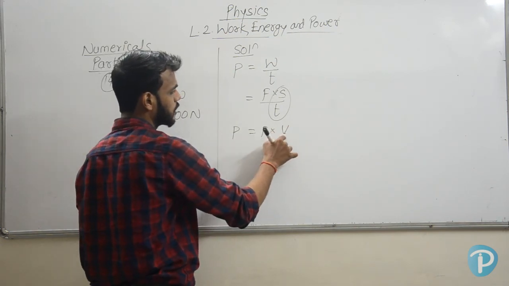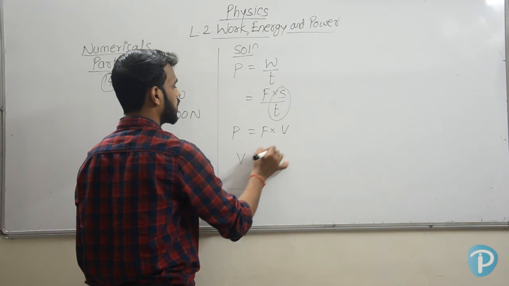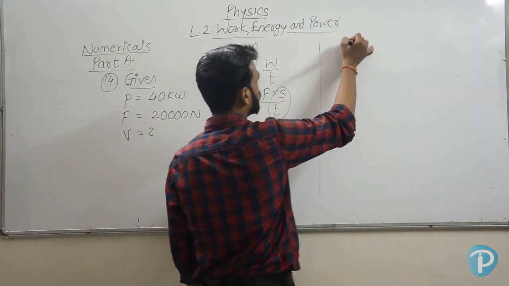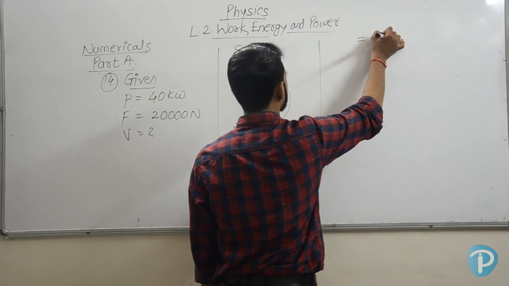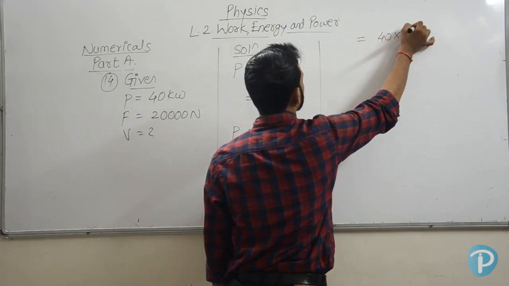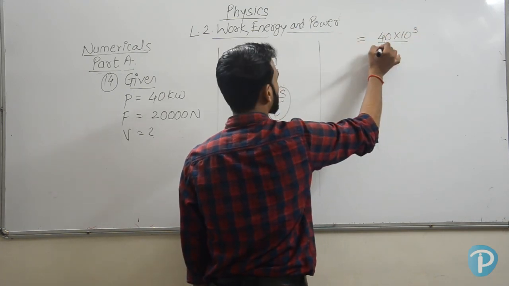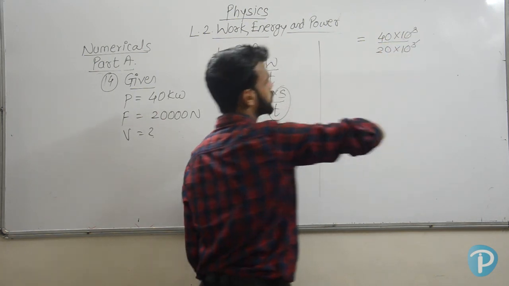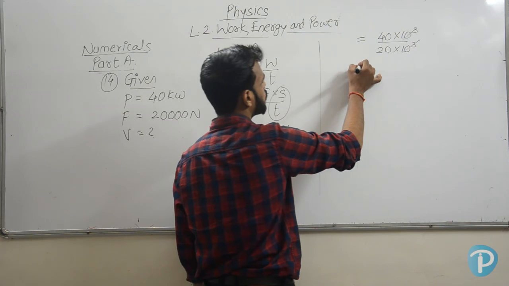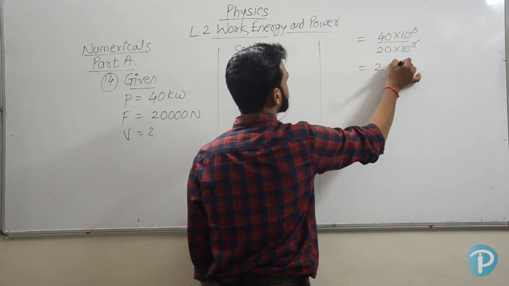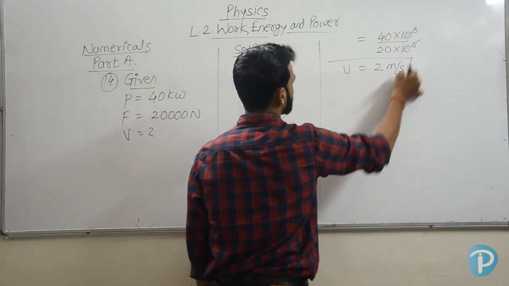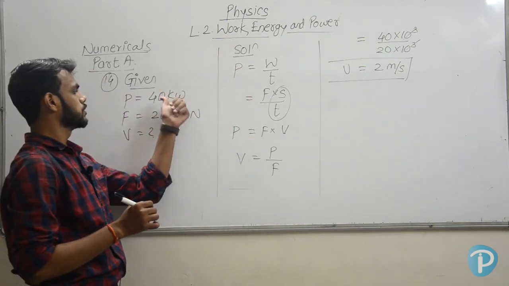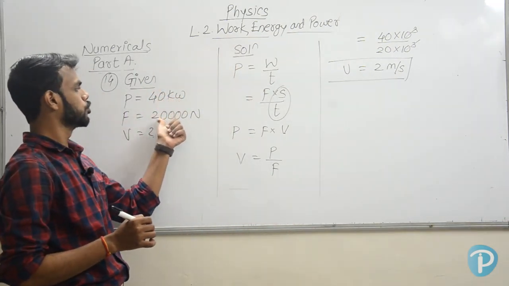We have to calculate the velocity v, so that will be P upon F. Power value is 40 kilowatt, so 40 into 10 raised to 3 divided by 20,000, which is 20 into 10 raised to 3. This 10 raised to 3 will get cancelled. 40 upon 20 will be 2 meter per second. This is the speed of the machine with which that load will be lifted.